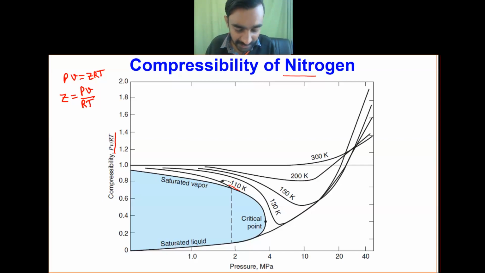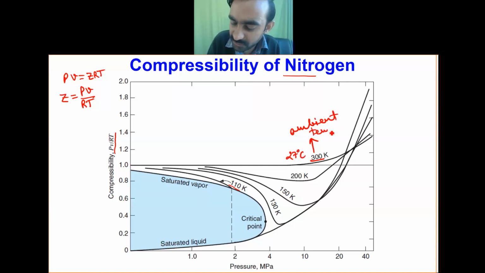Okay. One important thing you can see over here is that when the value of pressure is very small, when pressure is decreasing, the value of Z is approaching 1. So for low pressure, Z approaches 1. At the same time, when the temperature is close to ambient temperature, okay, 300 Kelvin is nothing but 27 degrees Celsius, and 27 degrees Celsius is normally the ambient temperature we consider.